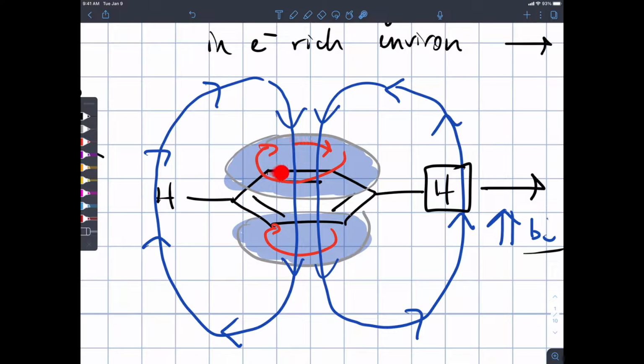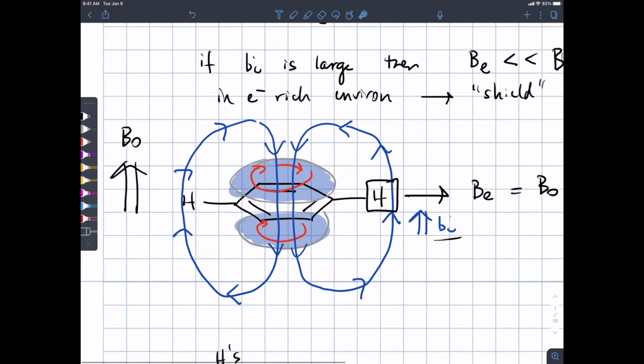In the presence of a magnetic field that you apply, those electrons can circulate in a much more extensive pattern, and that circulation opposes the magnetic field in the center of the ring, where there aren't any protons, but it reinforces the external magnetic field outside the ring. I've drawn the magnetic field lines. That's all the physics I know about this, and I'm sorry.